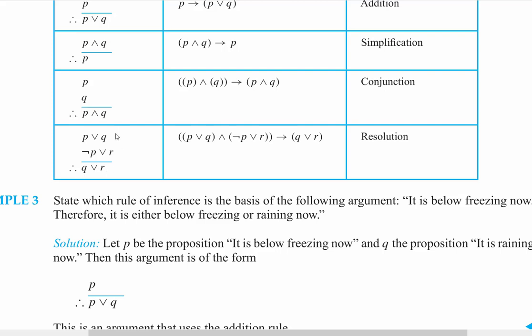And yeah, that's fairly easy to see. If P or R is false, that means that Q is false and R is false. Well, if Q is false and R is false, then one of these two has to be false. So if these are both true, then either Q is true or R is true.